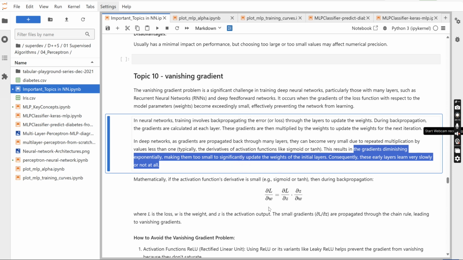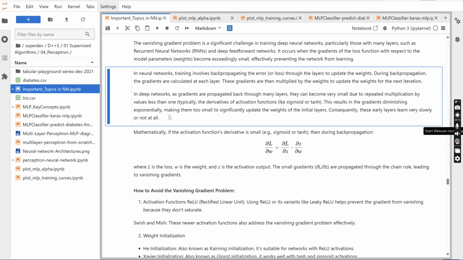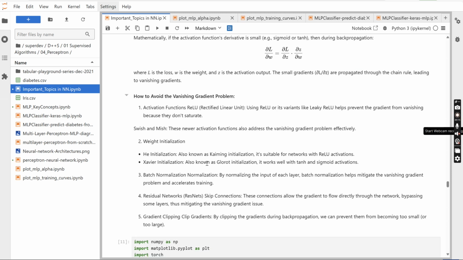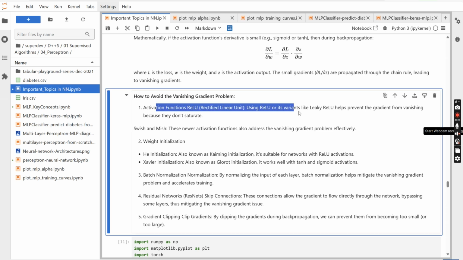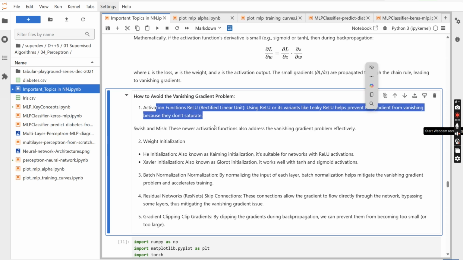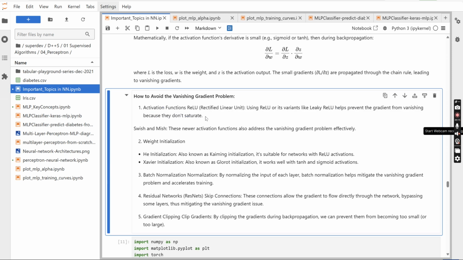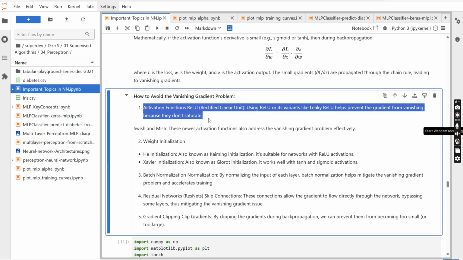You can't further differentiate smaller and smaller values. And how do we avoid this problem? We use ReLU, very simple. ReLU or even leaky ReLU, so they don't decrease the values. If your value is positive like 0.5, 0.6, 0.1, 0.2, the output will be given as 0.2 only. No decreasing.